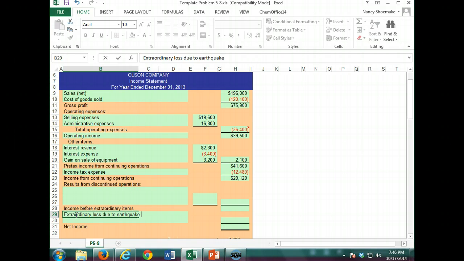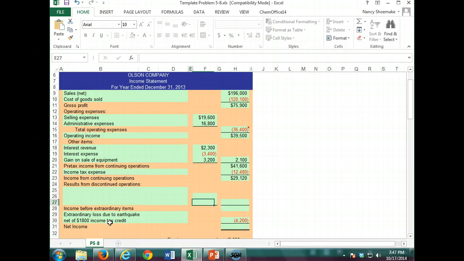Net of 1,800 income tax credit. You usually show these items always netted. So what the loss is, and then the income tax benefit you're going to show related to this. That's going to be a 4,200 there.